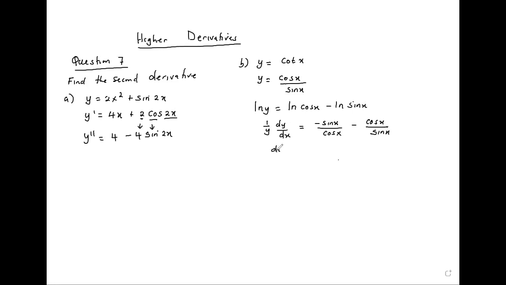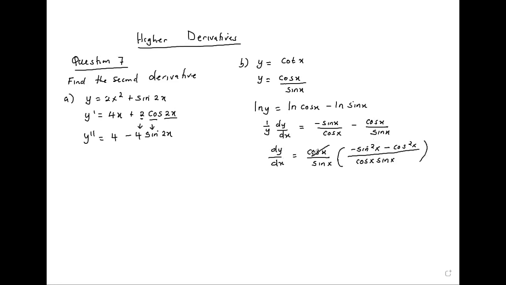So that our dy dx, when we cross multiply by y, which is cos x over sine x, we'll have cos x over sine x, and then negative sine squared x minus cos squared x.